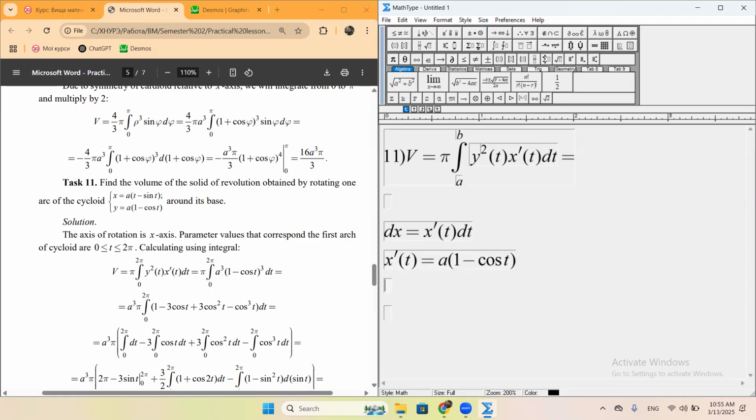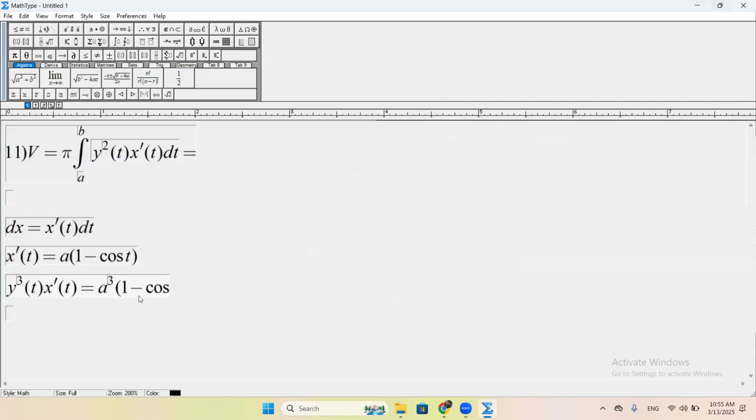Then y squared of t by x prime of t will be equal to a cubed, again a cube of a difference, but we will succeed in calculating it, with cosine of t to the power of 3.